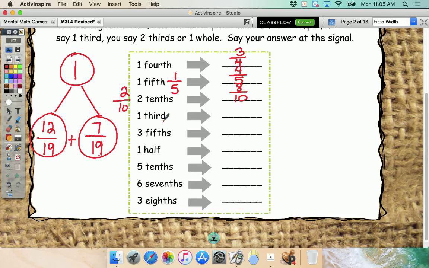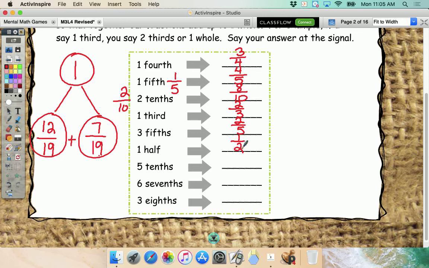Table 1. 2/5. Table 3. 1/2. Oh, 5/10. You just said the answer.